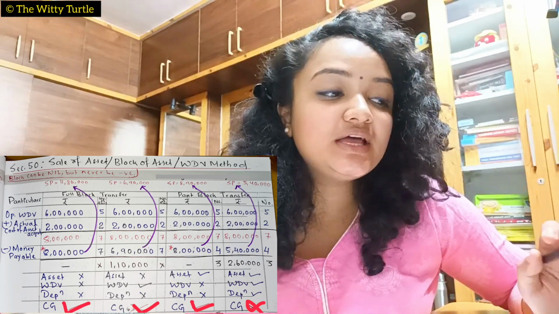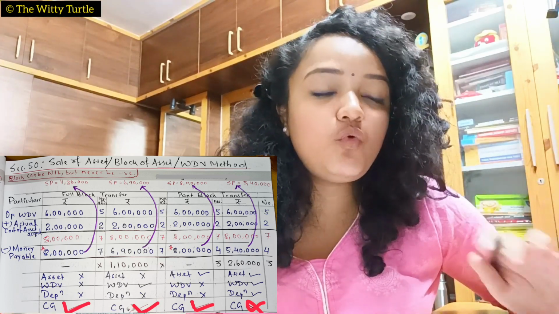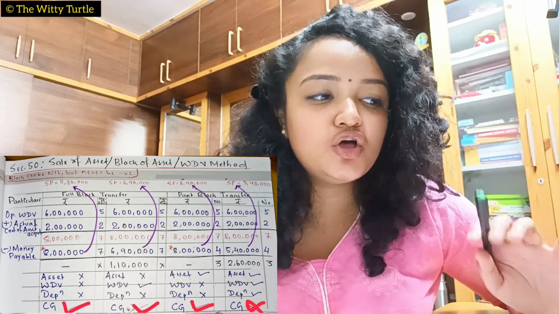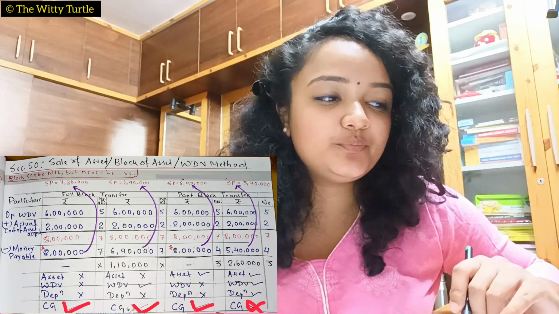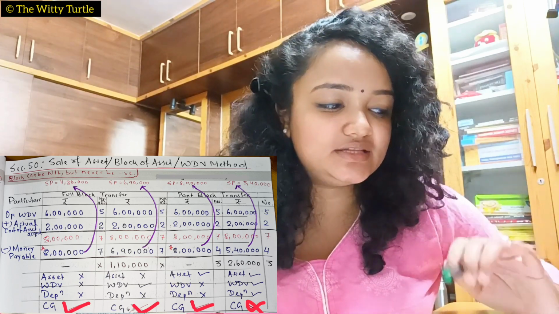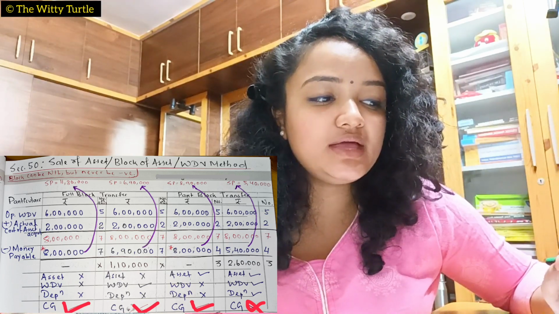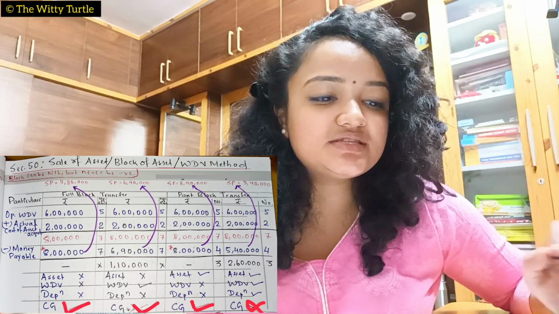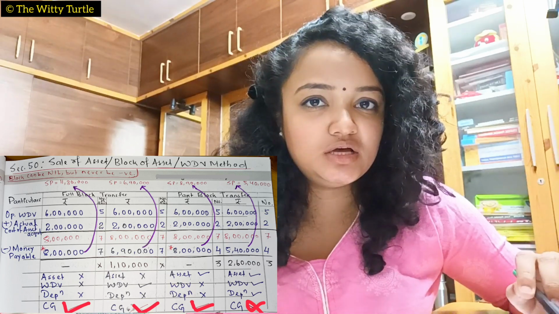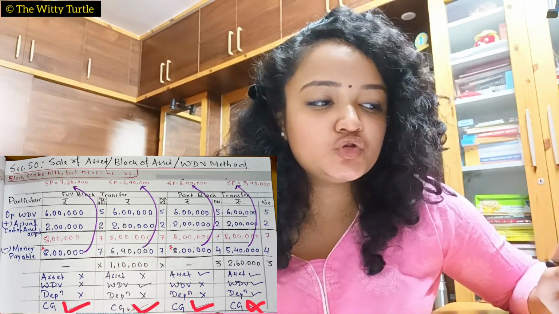Now you are selling 4 assets from that particular block for rupees 8 lakhs 90,000. Right? So here, as your sale consideration is more than the value of the block of asset, what happens?